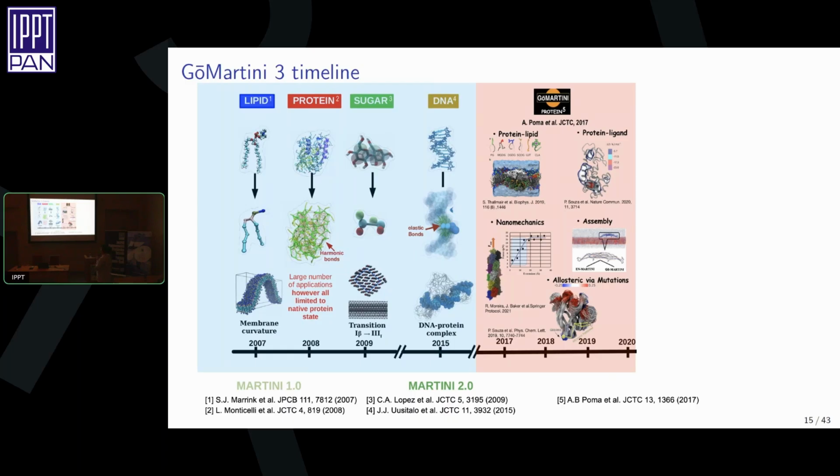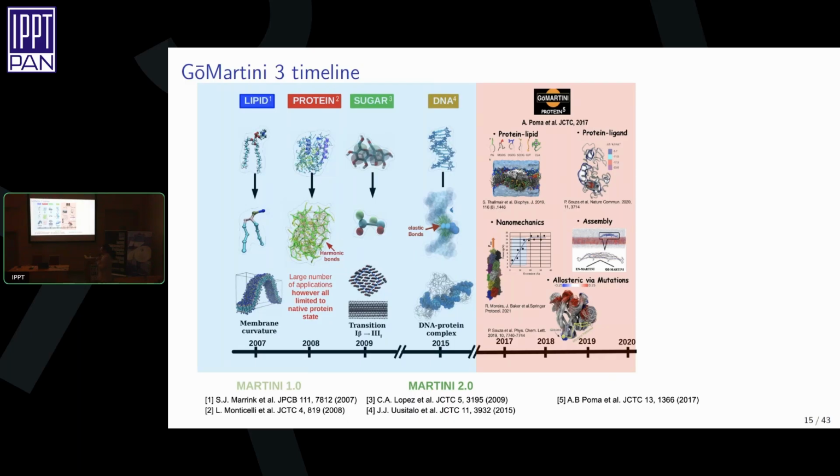Later, people got very encouraged to use the models, and they studied protein complexes in lipids, protein-ligand interactions, as well as the nanomechanics of large protein assemblies. And all this was done within Martini 2, the second generation of Martini potentials.